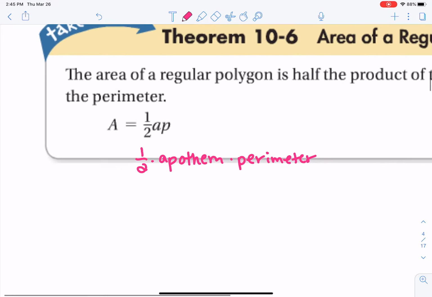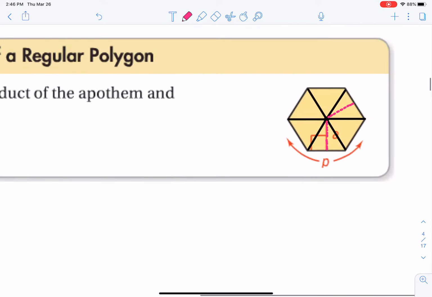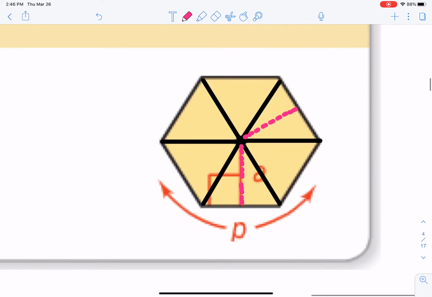So that's the area of a polygon. I don't actually use this formula. Instead, what I like to do is look at the shape as a bunch of triangles smushed together, and I find the area of each triangle, which would be 1/2 times base times height. And the height would be the apothem here.